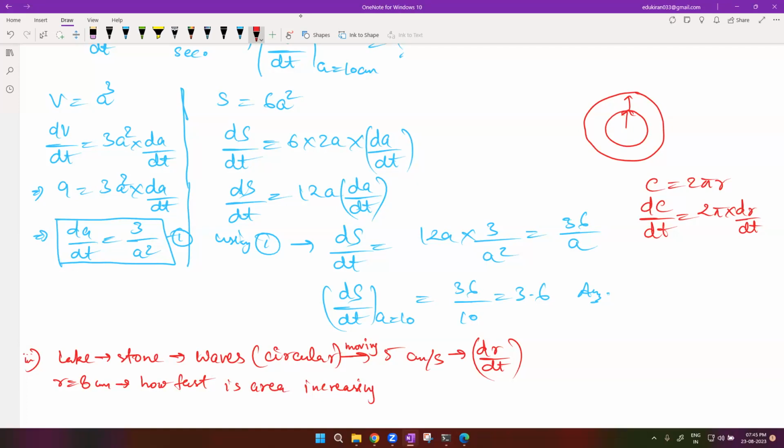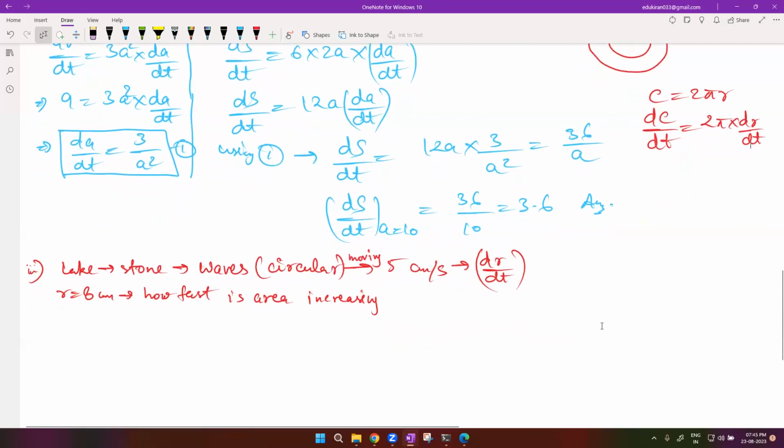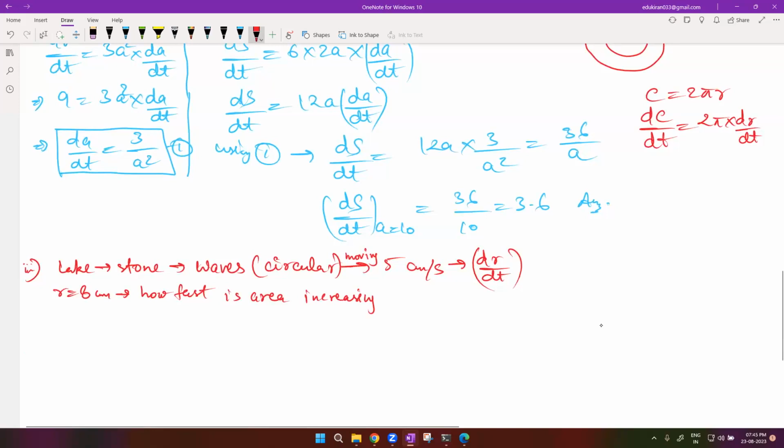Radius is also given at the instant when we have to find the increase in area. So we basically have dr by dt and r. We have to apply the formula of area of a circle, and then find dA by dt, right? So area of a circle is pi r square.